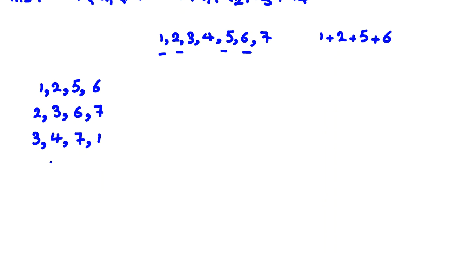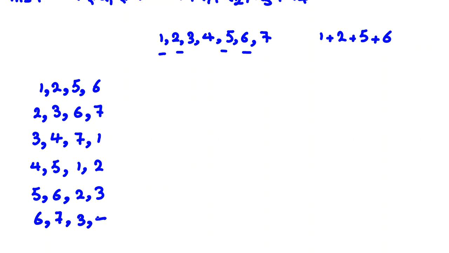So let's consider this cyclic addition. 4, 5, 1, 2. 5, 6, 2, 3. 6, 7, 3, 4. If we add 1, 7, 1, 4, 5. And 1, 2, 5, 6.